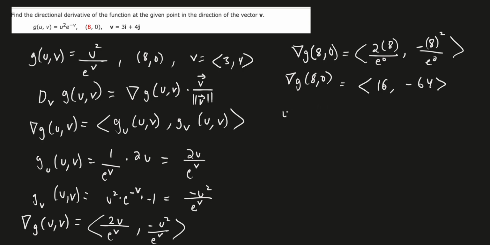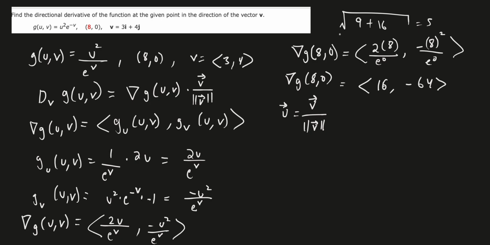Okay, now let's find the unit vector u, which is 1 over the magnitude of the vector v times the vector v. The magnitude of the vector is 5. Sorry, 5, not 25.